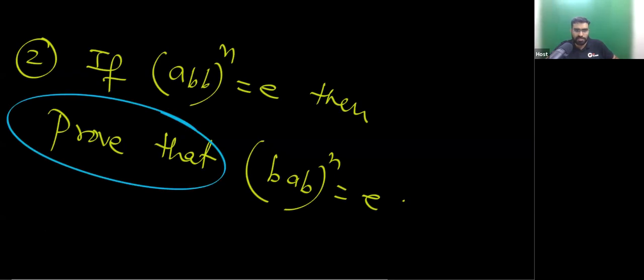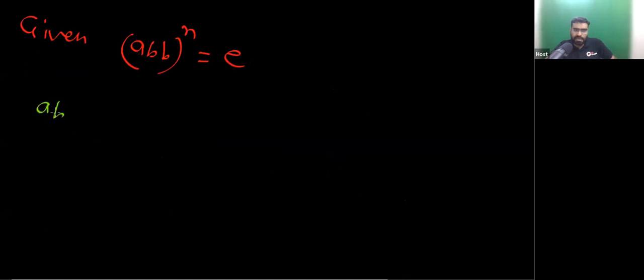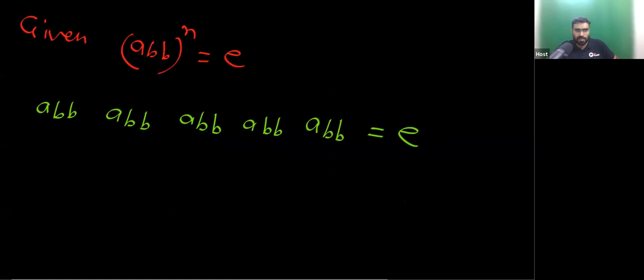This will be very interesting. This is given to you: (ABB)^n is E. If you open it, I can write ABB, ABB, ABB. If I open it 5 times, how many BAB am I getting?